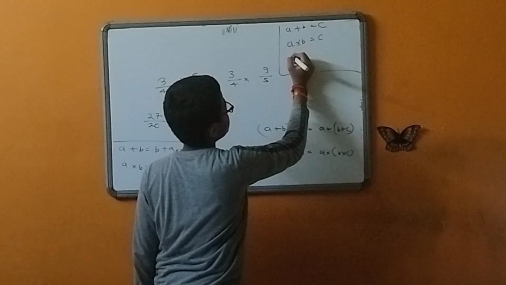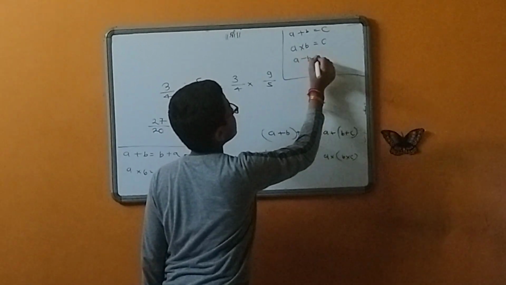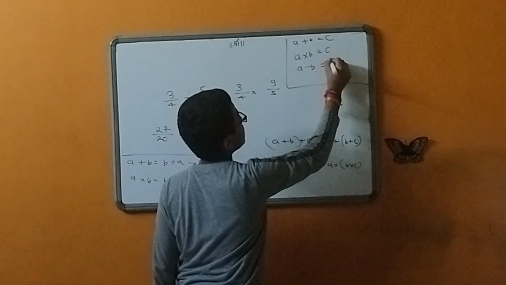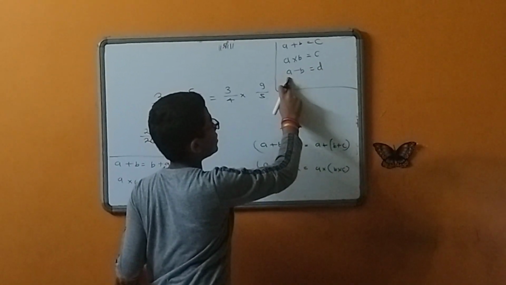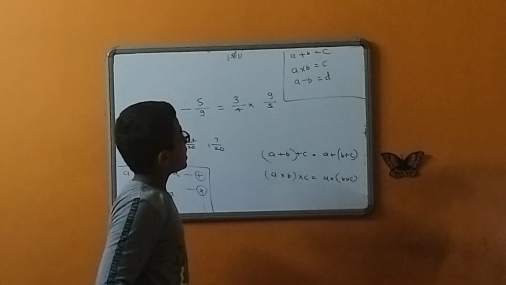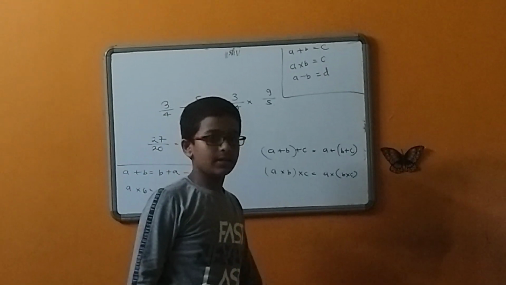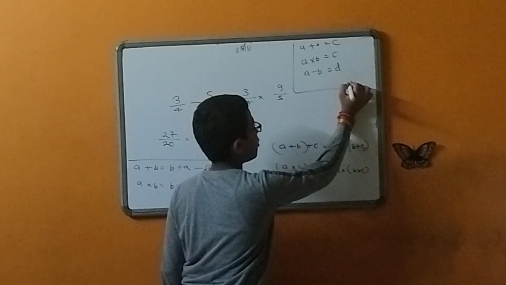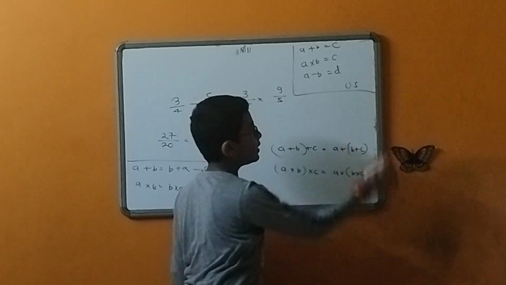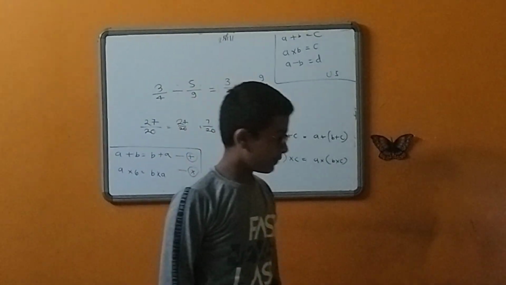And in the case of subtraction, a minus b is equal to d, and all three of those numbers are also rational numbers. So this is applicable for addition, subtraction and multiplication. In the case of division, sometimes the answer may be in a decimal point, so we can't consider division.